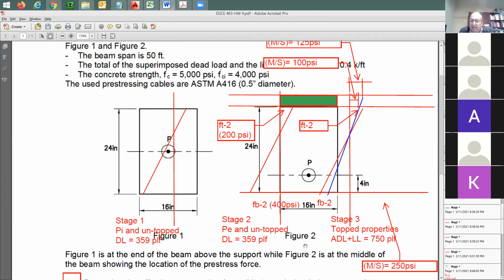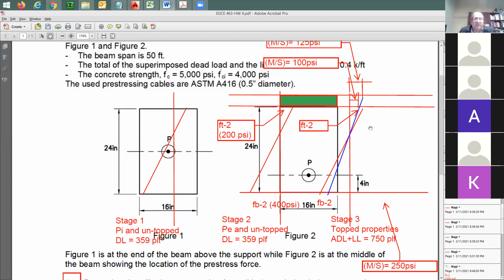When you apply this additional dead load in your equation, you cannot include the original dead load, because you already included it in the locked-in stresses and in the Pe equation, since Pe has already been taken by the non-composite properties. We're good about this?